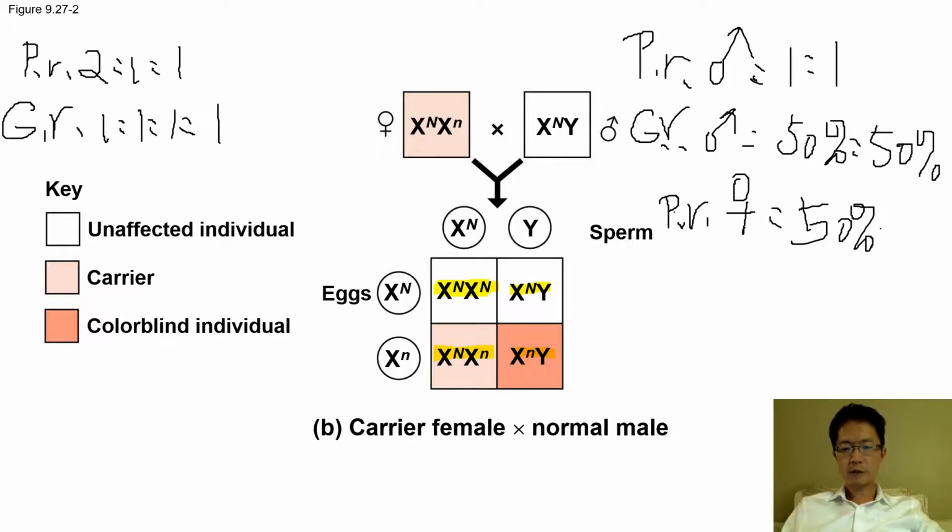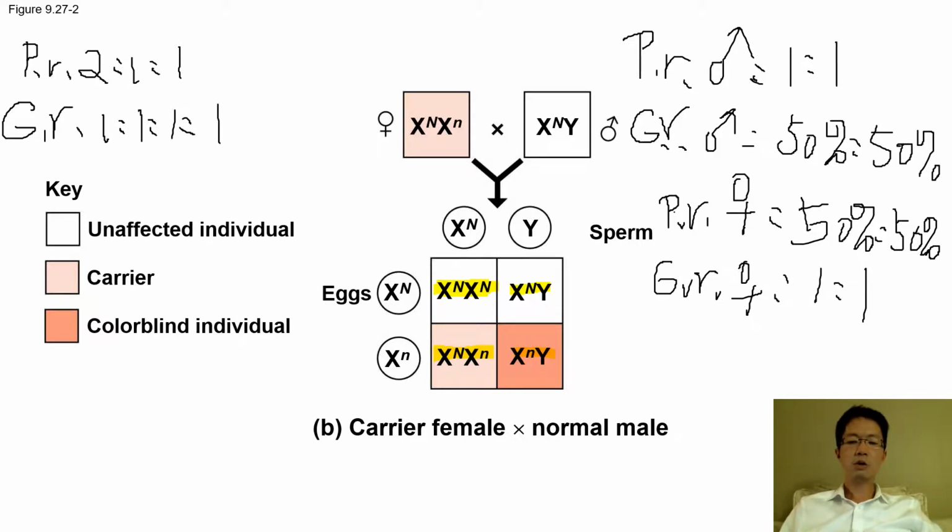So 50% of the girls will be normal and 50% will be carriers. The genotypic ratio for girls is also 50%, 1 to 1, because half of the girls will be homozygous dominant and 50% will be heterozygous dominant. This is when the mother is a carrier and the father has normal vision.